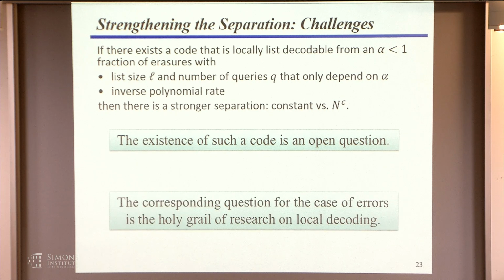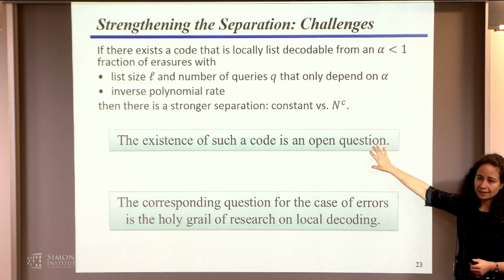More specifically, the corresponding question for the case of errors is the holy grail of the research on local decoding. This is what they're trying to get. There are slightly better codes with slightly better rate than Hadamard, but they're not good enough, and they're stuck there. So the one big open question is whether we can do better with erasures.